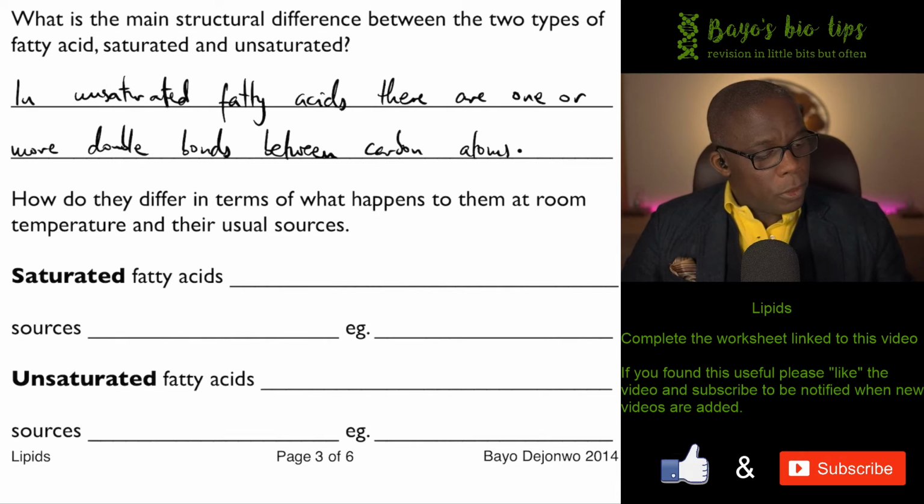Okay, so how do they differ in terms of what happens to them at room temperature and their usual sources?